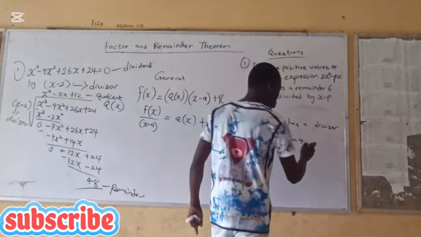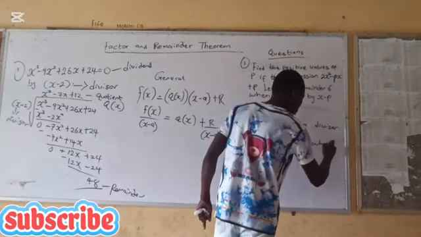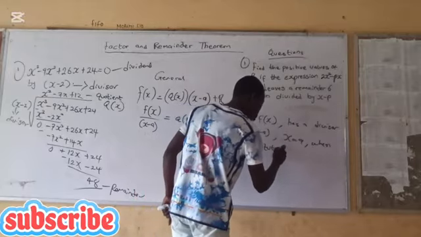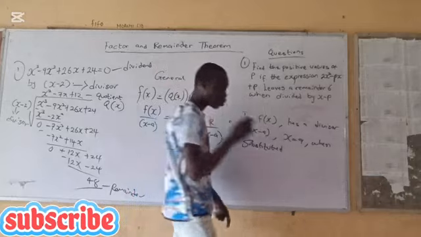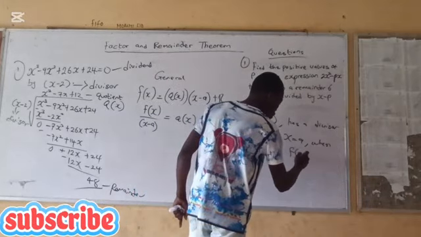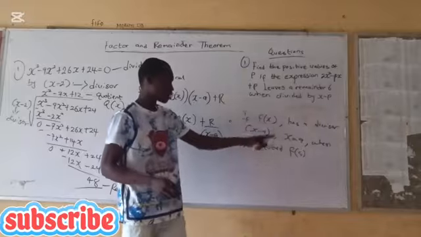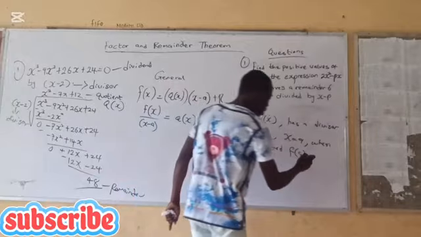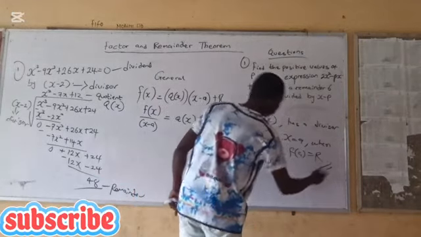When you now substitute this into this function, you are going to have a result of the function of a. Here you are having the function of x. When you substitute this into this function, you are going to have f(a). This is equal to your remainder.